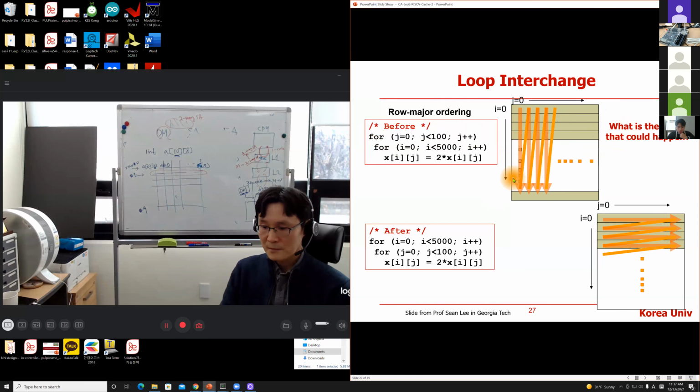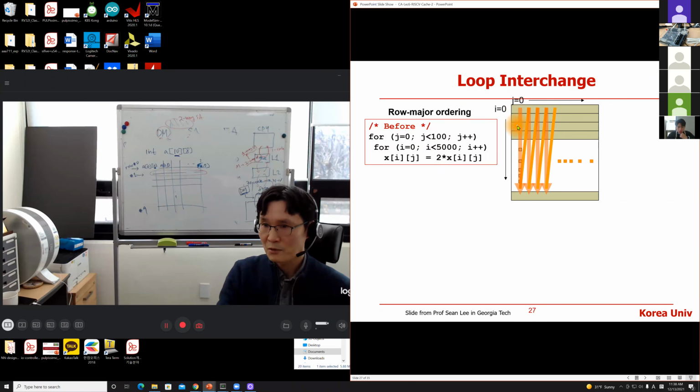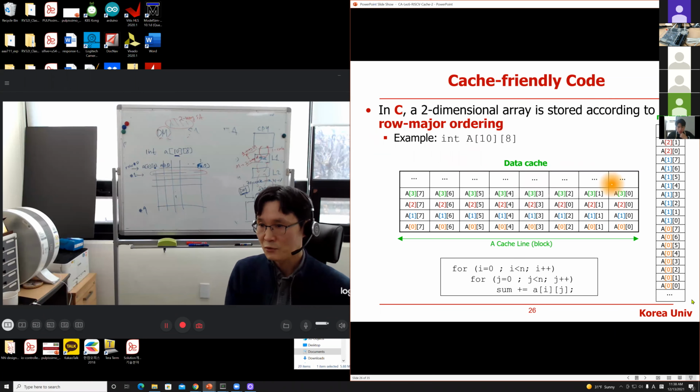So if you go back to the access pattern of the first code, you are accessing A00, then A10, A20, and so on.